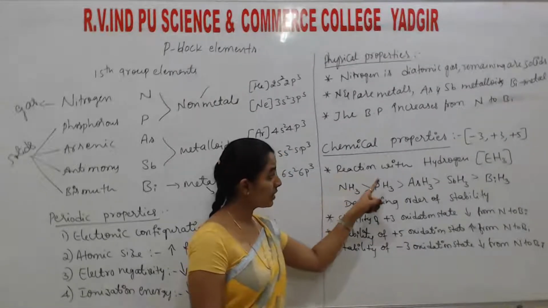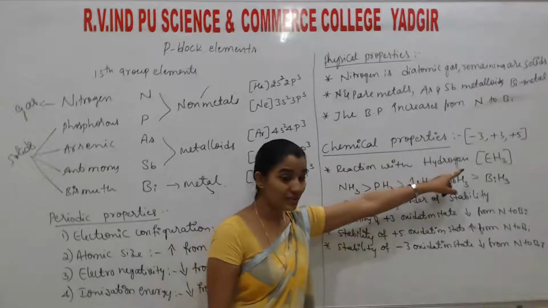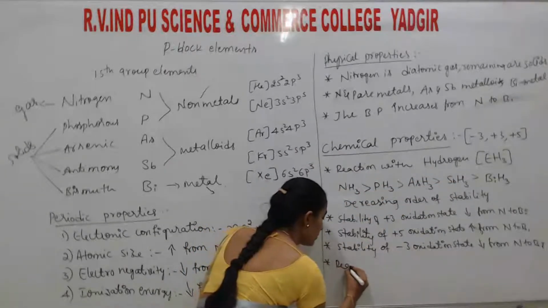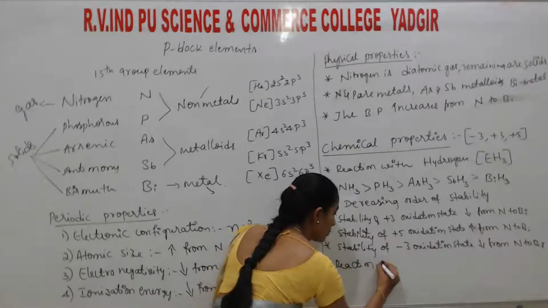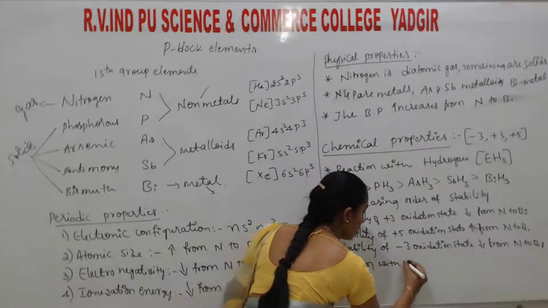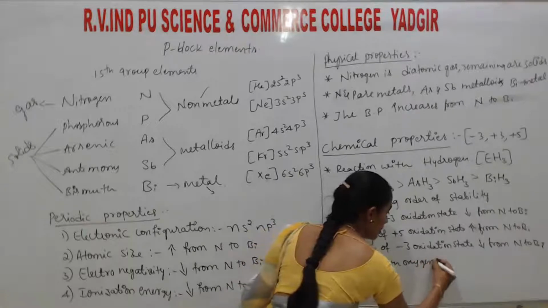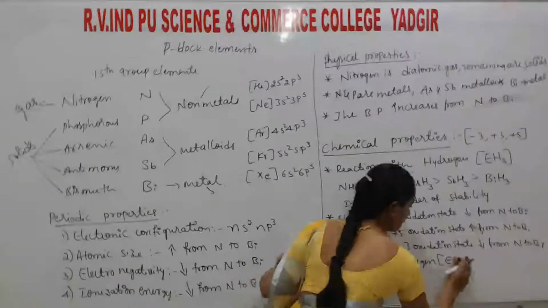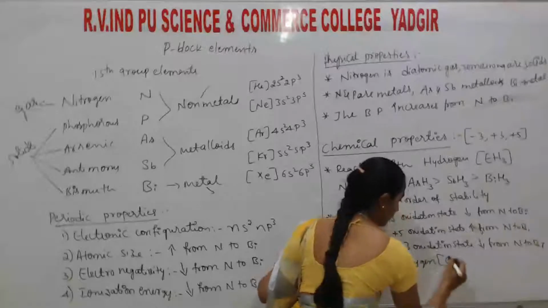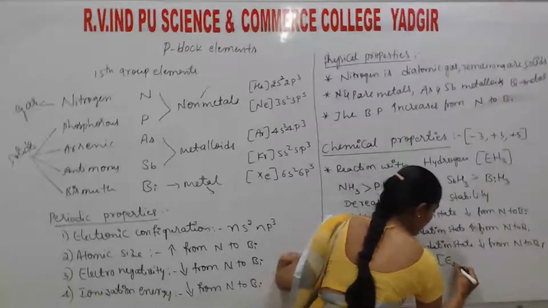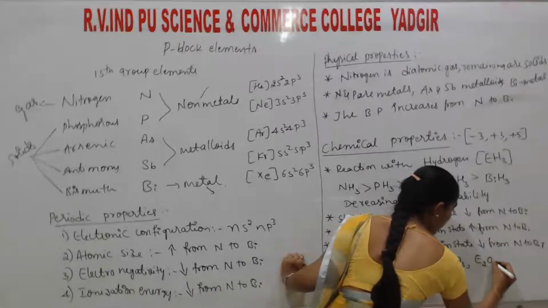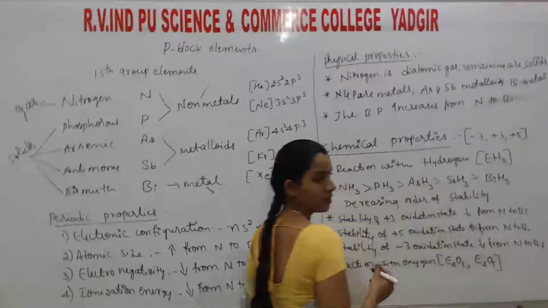So this is reaction with hydrogen, they form EH3 type compounds, and reaction with oxygen, they form E2O3 and E2O5 type compounds.